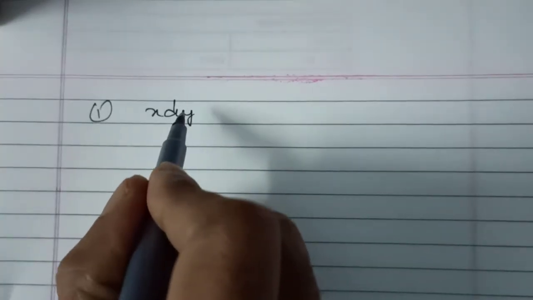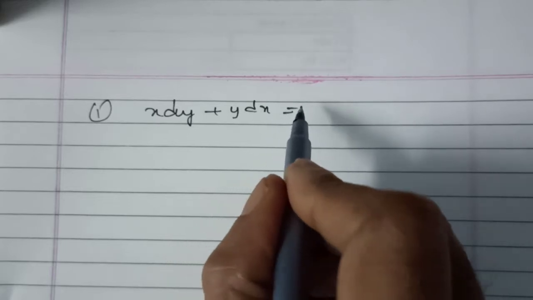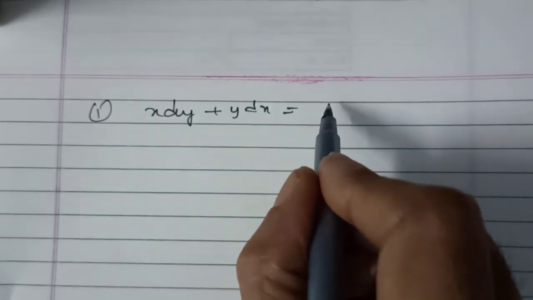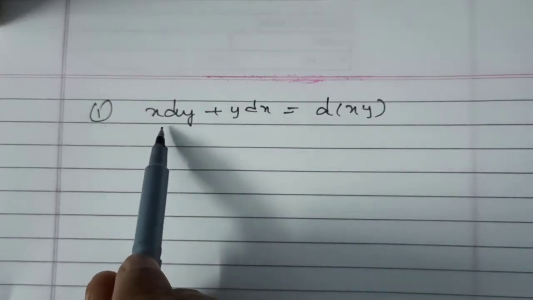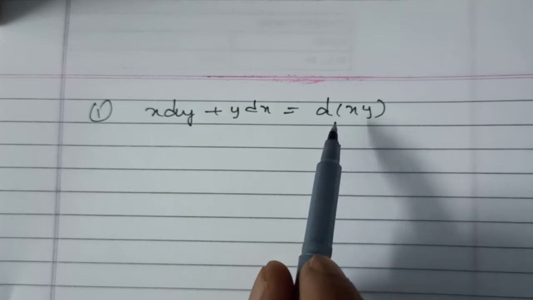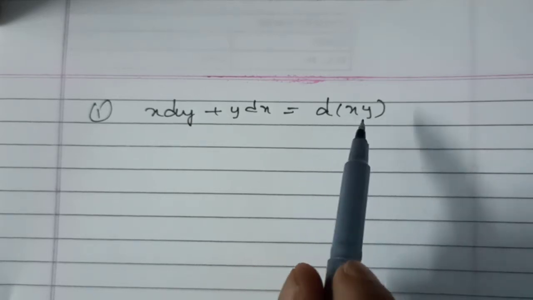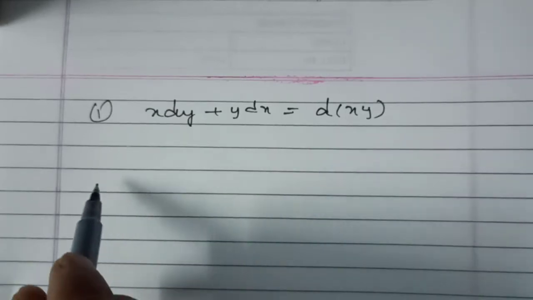So first one, x dy plus y dx is equal to d of xy. So wherever this term is like this, we can write d of xy. It can be easily integrated. Simply d will be cancelled. The answer will be xy only.